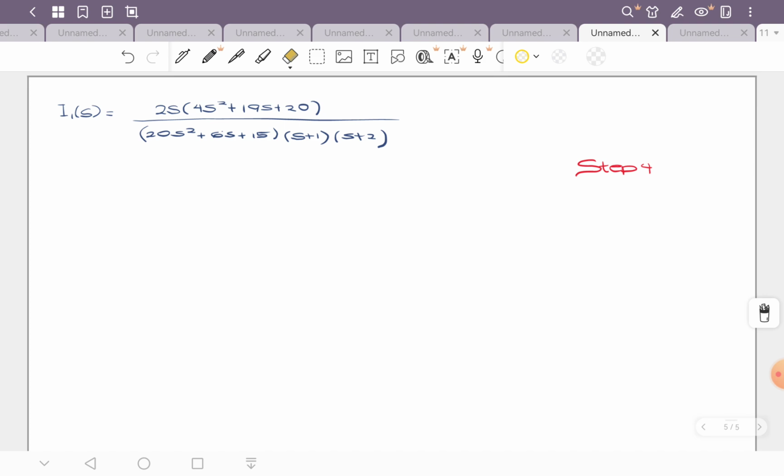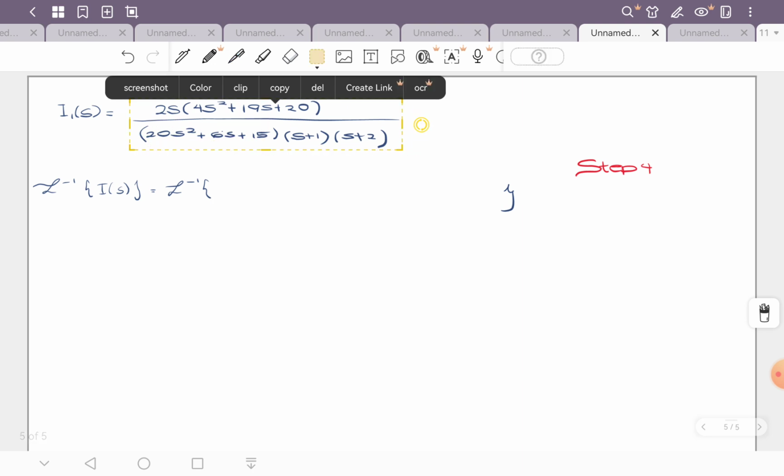From our previous solution, we have I1 of s equals this expression. So by taking the inverse Laplace, L negative 1, of I of s equals the inverse Laplace of the right hand side of the equation.